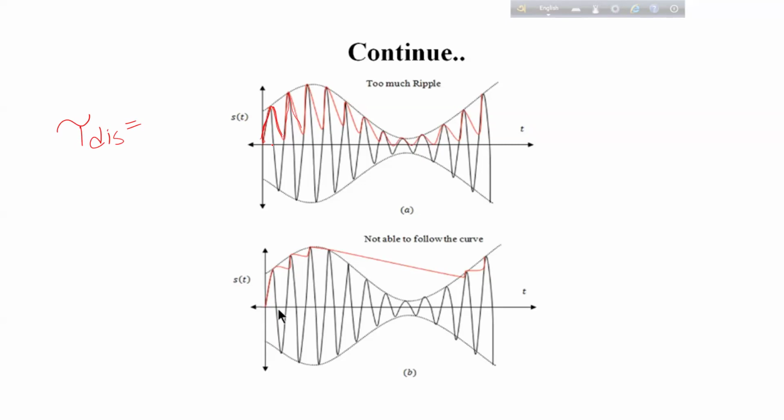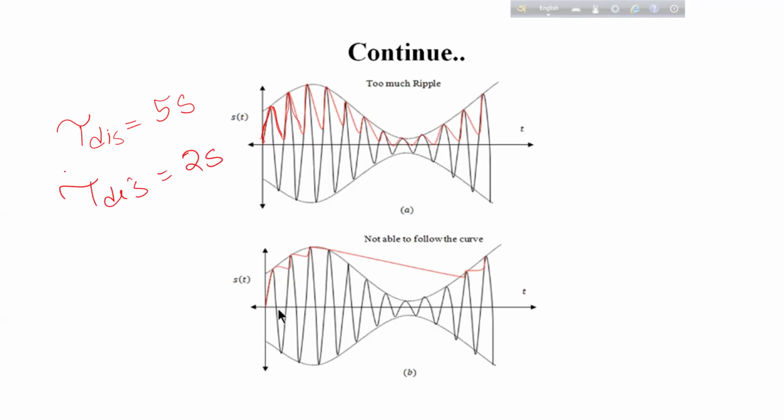It means that, say for example, the discharging time is 5 seconds, which means within 5 seconds the capacitor fully discharges. And when tau discharge is 2 seconds, it means within 2 seconds the capacitor discharges fully.